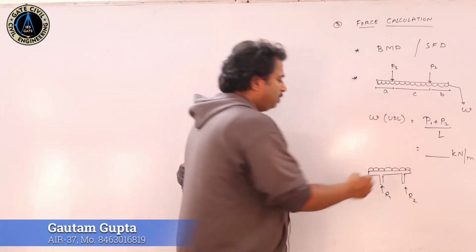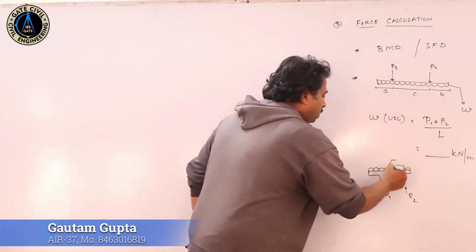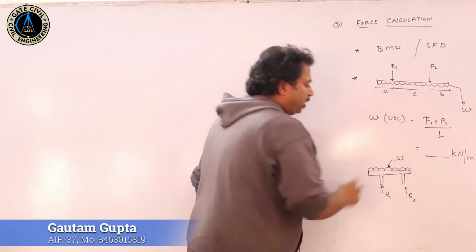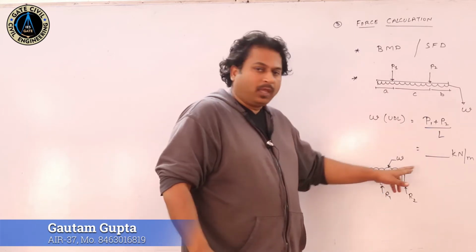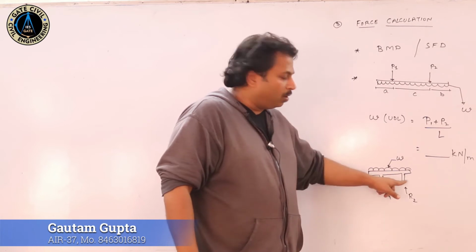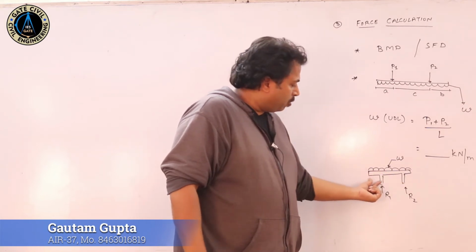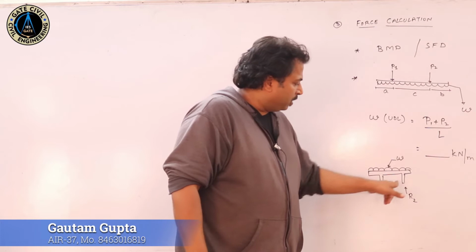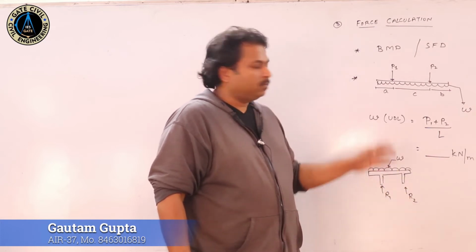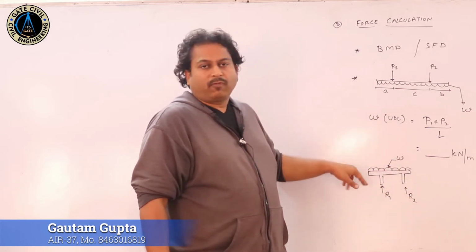So, what is this now? This particular structure is representing an overhanging beam which is having two supports. This is the overhang, and the distance between the center of the supports can be represented in this form.